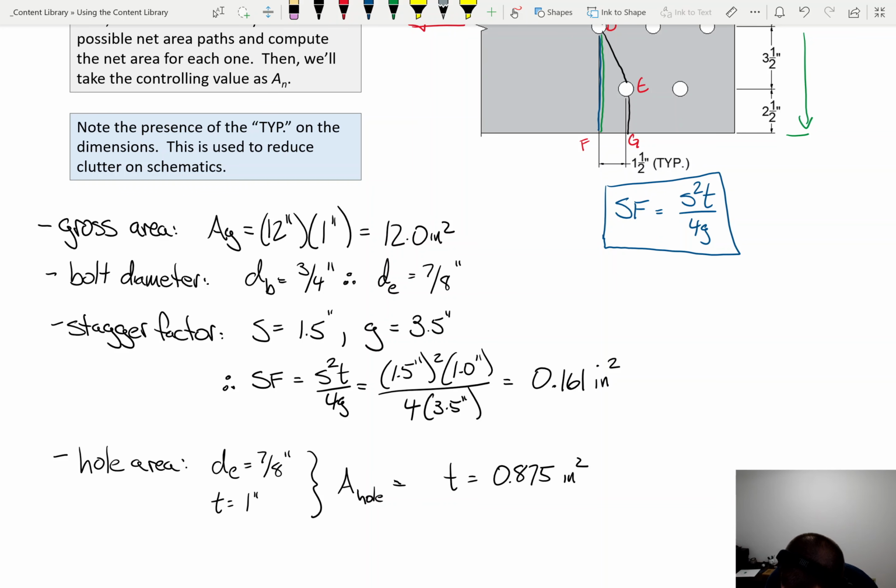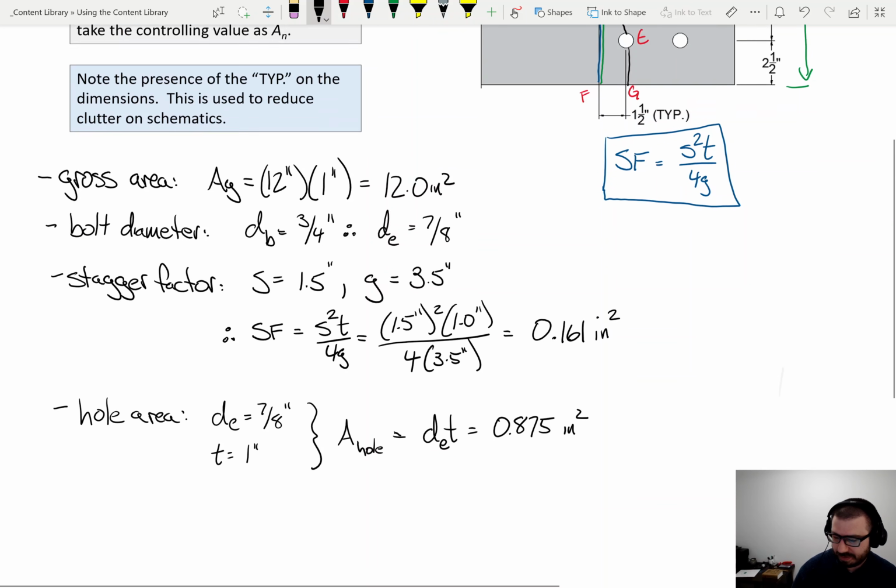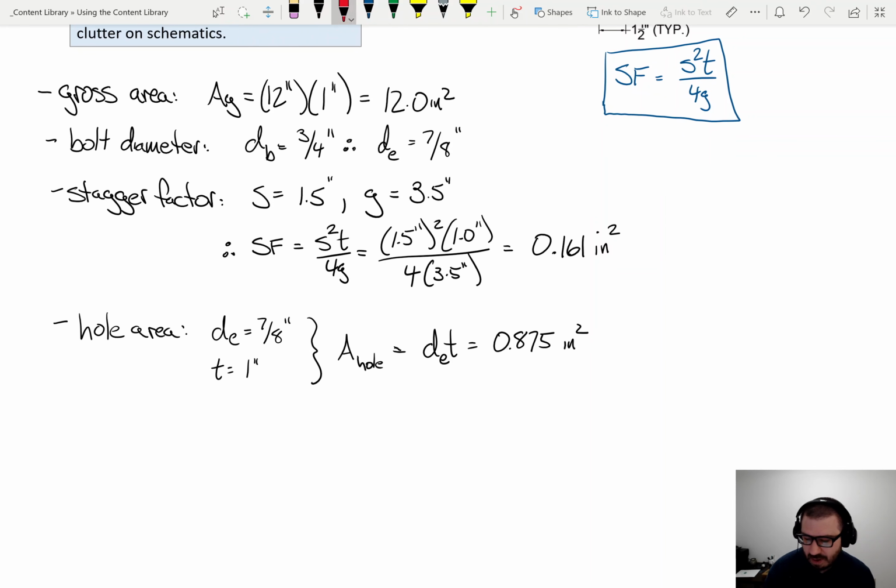I can make that E there a little bit more clear. There's a reason I'm computing all these parameters separately, because I'm a big fan of making the math as easy as possible, and I like to do things in tables. And so what I mean by that is our net area expression.